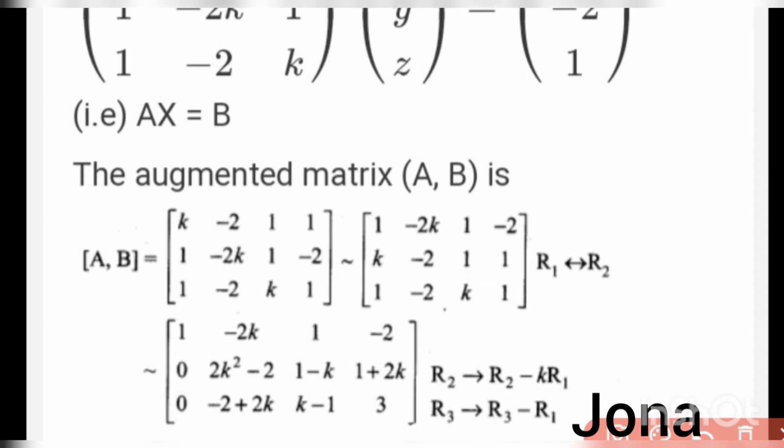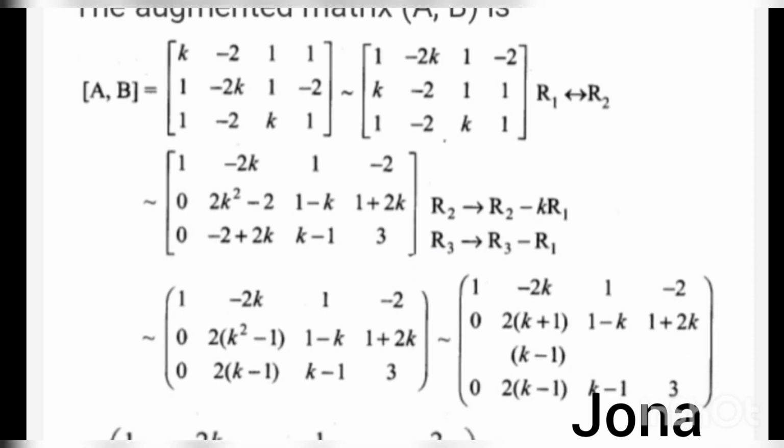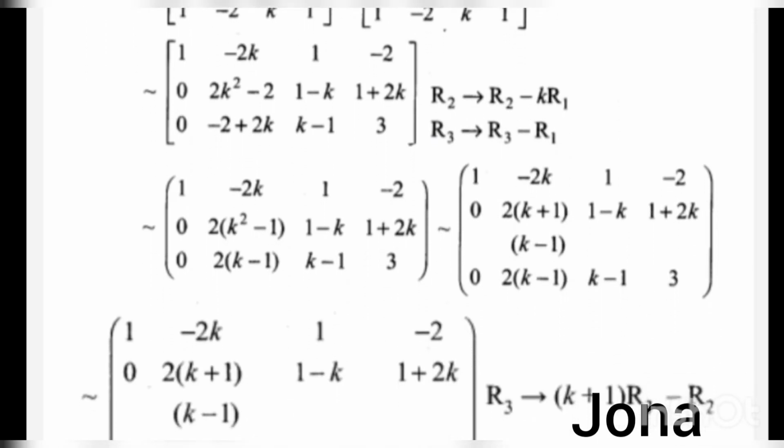And then we want to make this as 0, isn't it? So straight away we can subtract R3 minus R1: 1 minus 1 is 0, minus 2 minus of minus 2k is plus 2k, and then k minus 1, and then 1 minus of minus 2 is 3. If you simplify this, R1 remains the same.